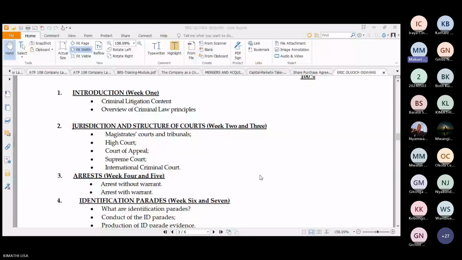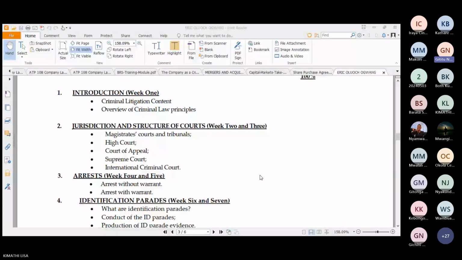Yes, Ngugi? I would also like to add that the magistrate courts have jurisdiction on civil matters. However, they have a pecuniary cap of some sort, whereby I think it's the chief magistrate cannot listen to matters beyond 20 million.